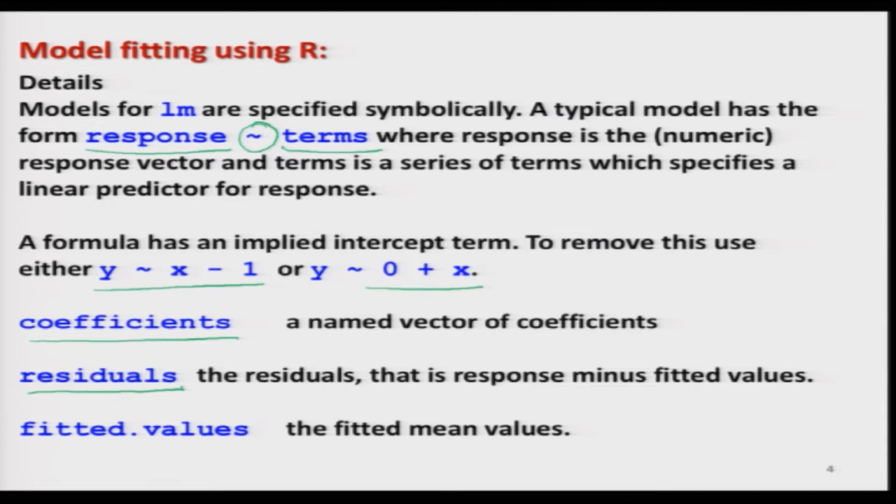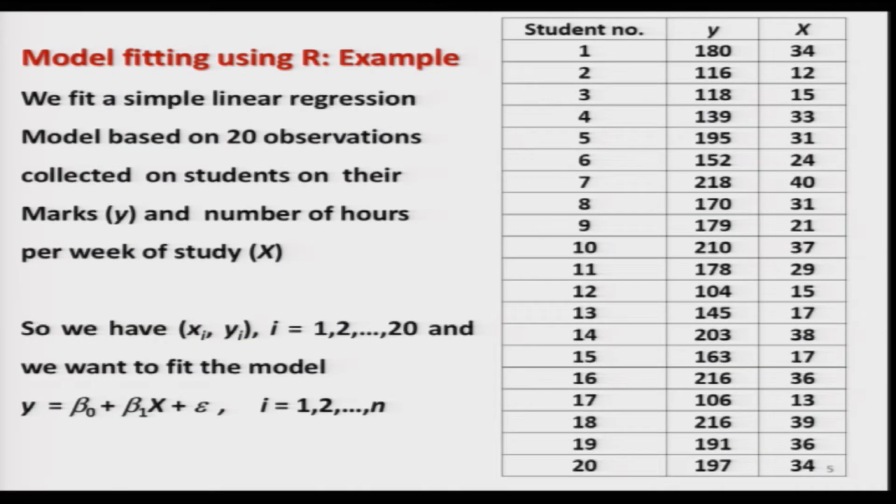If you want to extract the values of the residuals, then you can use the command residuals, and this will give you the residuals, that is the difference between the observed and fitted values. And if you want to extract only the fitted values, that can be done by the command fitted.values. So now let us take the example and try to understand all these executions and their interpretation.